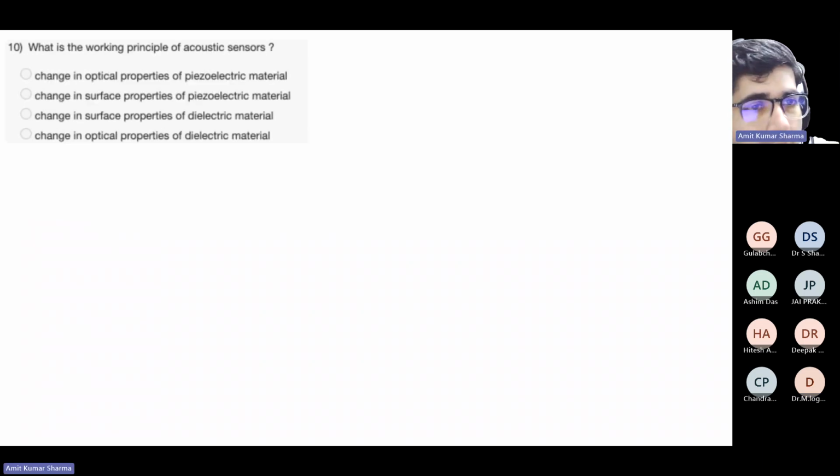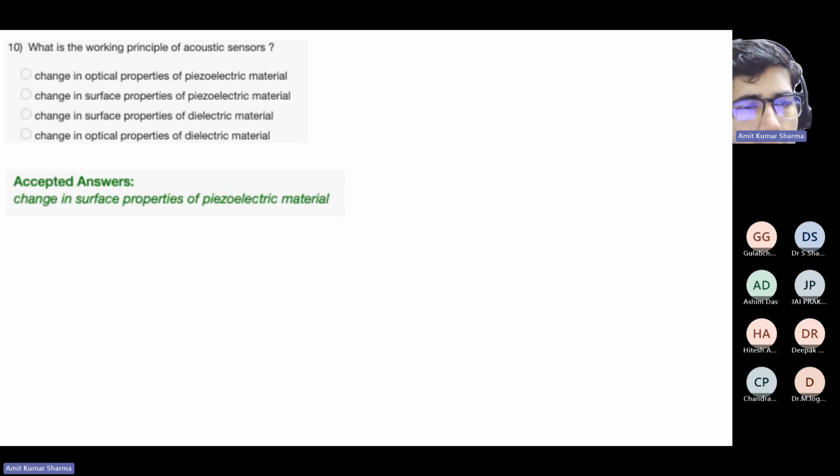What is the working principle of the acoustic sensor? Change in surface property of piezoelectric material. Yes, right. We use piezoelectric material and use surface property changes to measure the hydrogen concentration in acoustic sensors.